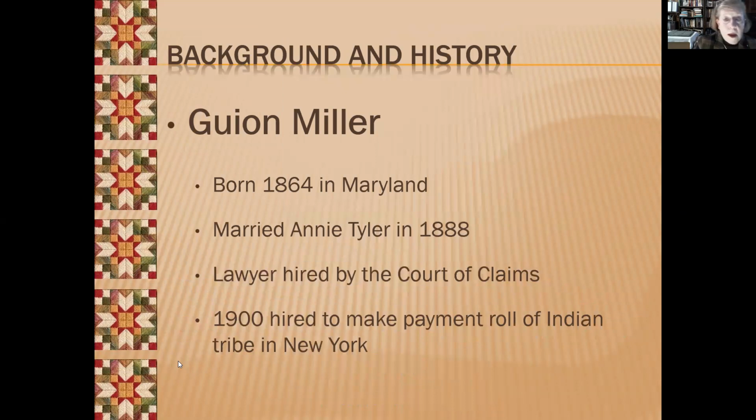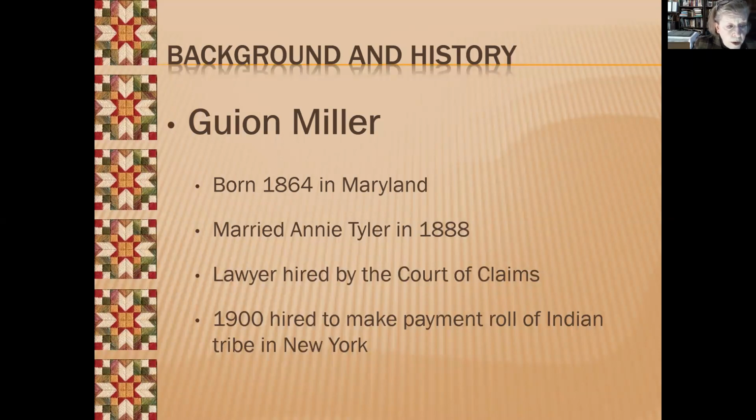Okay, the Guion Miller roll was named after a gentleman named Guion Miller. As we know, a lot of these American Indian rolls were named after the individual who was responsible for the enrollment. So just a couple of things about Mr. Miller.